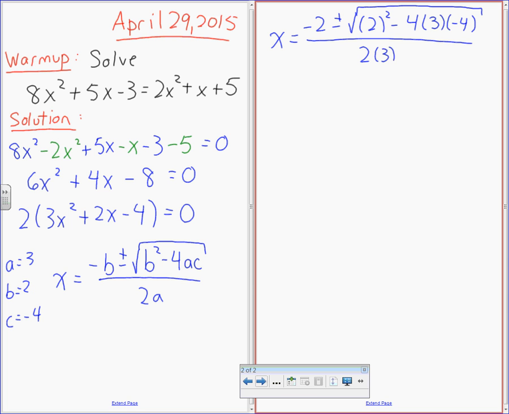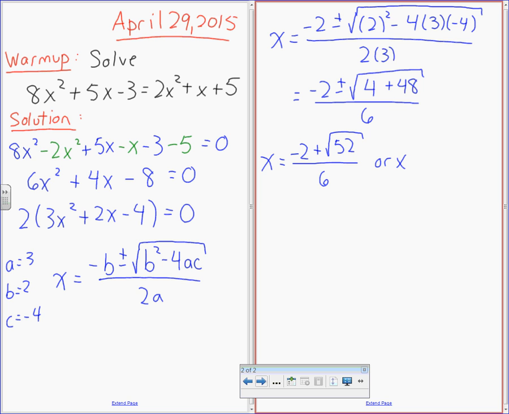All right, Alyssa, can you tell me what 2 squared is, please? Good, and then negative 4 times 3 times negative 4. That should hopefully be positive 48. Over 6, that changes to x equals negative 2 plus the square root of 52 over 6, or x equals negative 2 minus the square root of 52 over 6.